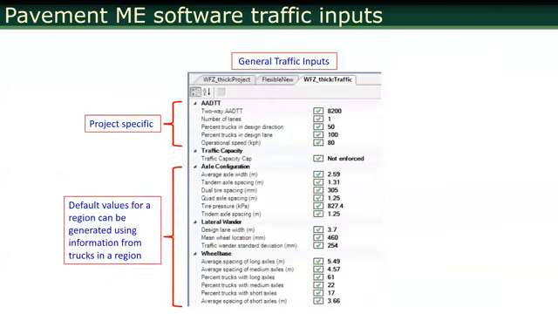And just to clarify, this is average annual daily truck traffic. It's not ADT, it's the truck traffic. So it is essentially ADT, the average daily traffic, multiplied by the percent HGV, or percentage of the trucks on that road.